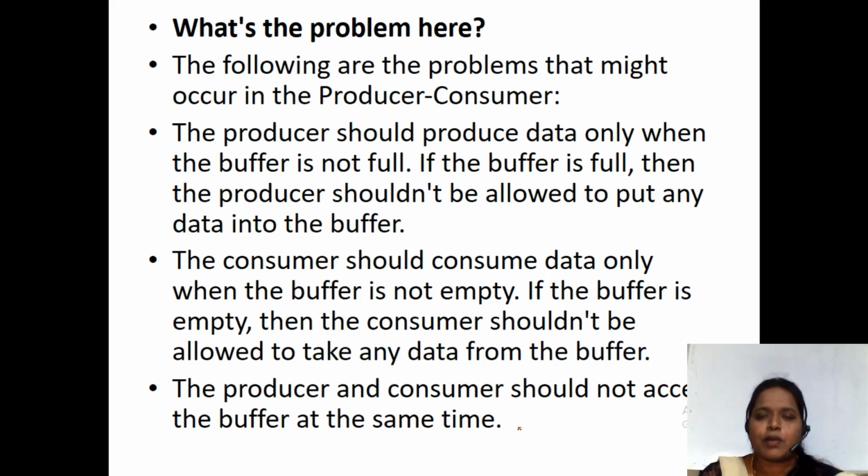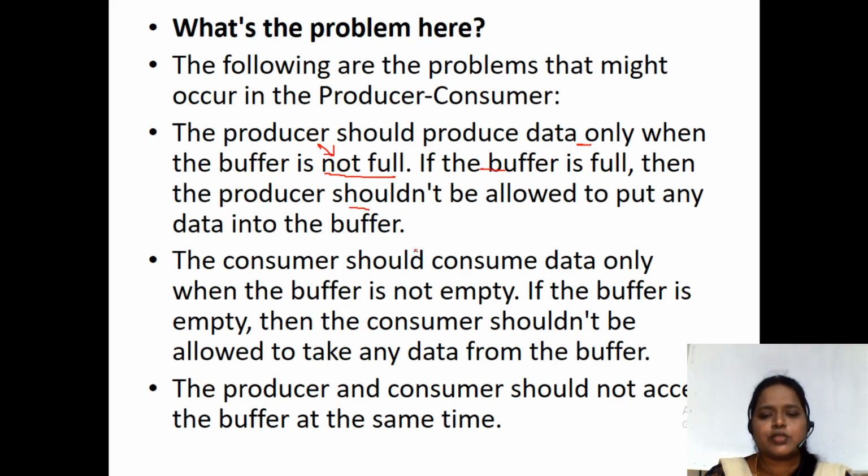But what is the problem over here? These are the 3 problems that might occur in producer consumer. The producer should produce data only when the buffer is not full. That means if any free slot is there, then only the producer is going to produce the data. If the buffer is full, then the producer is going to sleep.